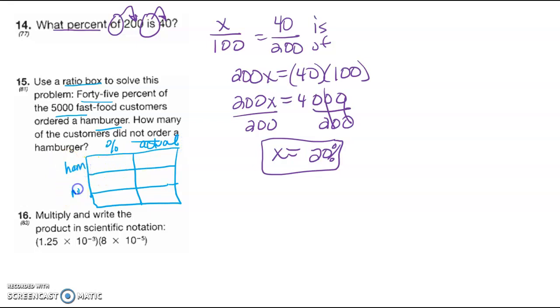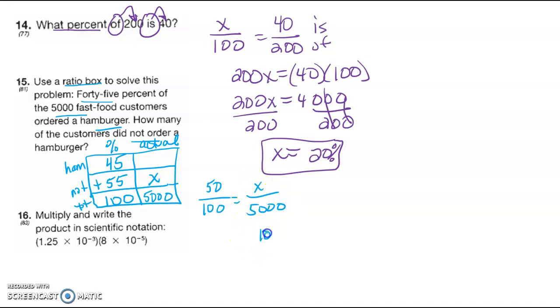Hamburger, not, and total. So my total is 100%. It says 45% ordered a hamburger, so that's going to be here. And I know that that makes this 55 because those have to add up. The total is 5,000 customers. How many did not order? So this is my ratio box, which gives me my proportion.